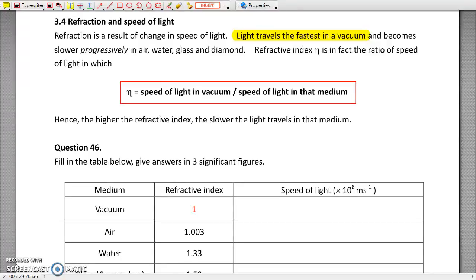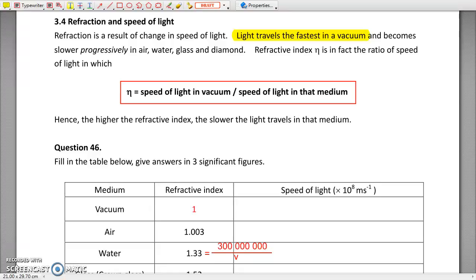So the speed of light is related to the refractive index of the medium. Now let's take the speed of light in vacuum to be 3 times 10 to the power 8 meter per second, and find the speed in other media. In water, for example, the speed of light should be found like this.